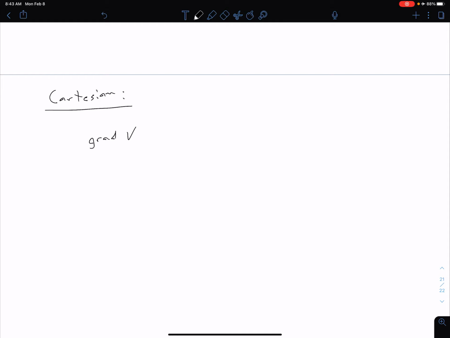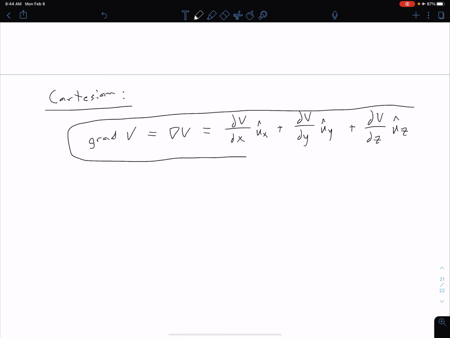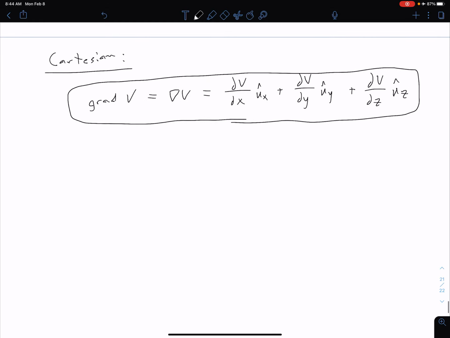The gradient of V is just going to be del of V. Using our del operator definition from the previous video, in Cartesian coordinates this is the partial derivative of V with respect to x in our x direction, plus the partial derivative of V with respect to y in our y direction, plus the partial derivative of V with respect to z in our z direction. That is the definition for our gradient in Cartesian coordinates.